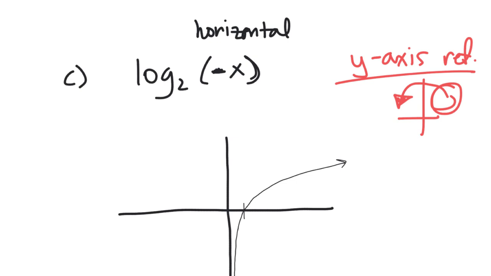Okay, so we still have your vertical asymptote, right? That still goes through x equals 0. Your y-intercept is 1 unit to the left. Since our graph is opening to the left, your y-intercept is also to the left of your vertical asymptote.